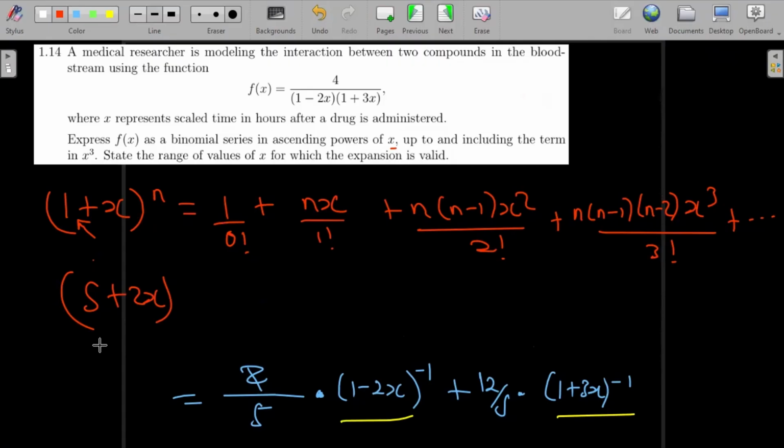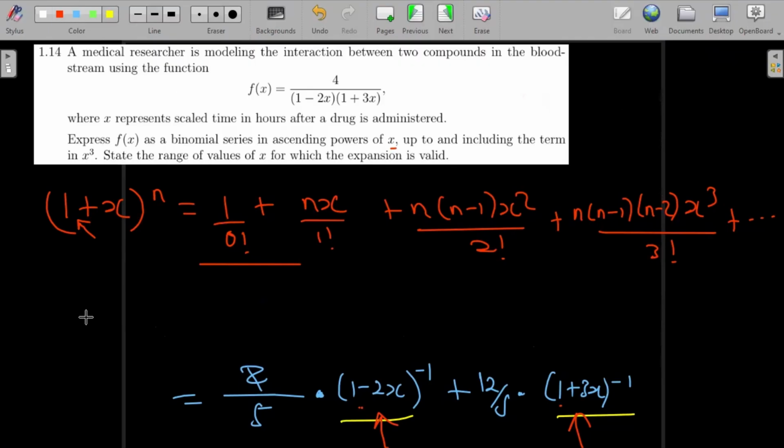Before you start expanding this using the theorem, you have to make this 5 to be a 1, and then you can apply it. But the ones that we have here already have a 1, so it will be very simple for us to simplify them using this theorem.